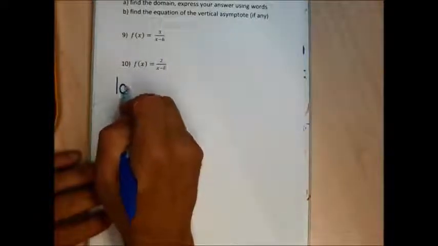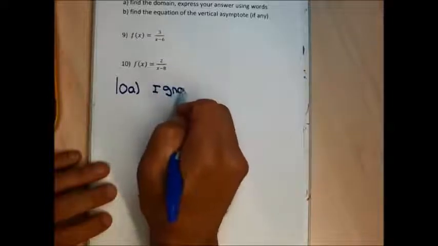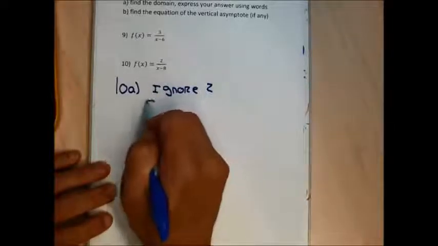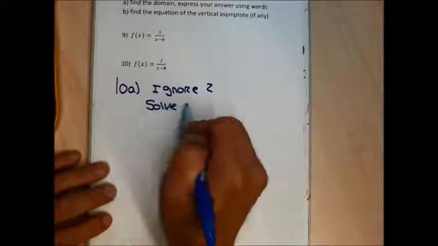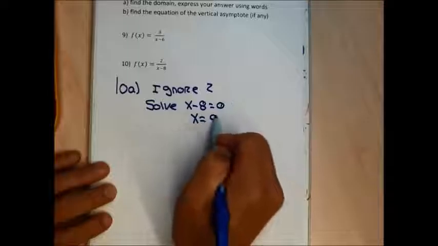Alright, so I'll do 10, you can do number 9. For 10a, to find the domain I ignore the numerator of 2. I solve x minus 8 equal to 0, and I get x equal to 8.